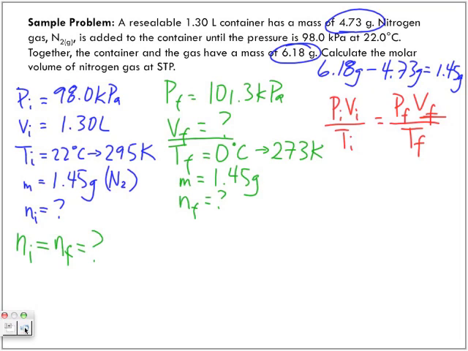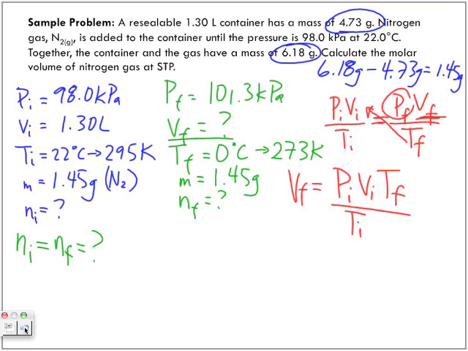So what we want to do is isolate for VF. So VF is equal to PI VI over TI. But now we're going to move temperature from the denominator here to the numerator. We're going to bring this pressure down to the denominator when we move it across the equal sign, so it will be moved in there.